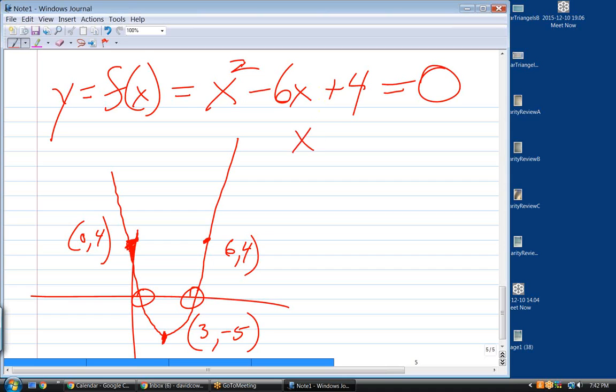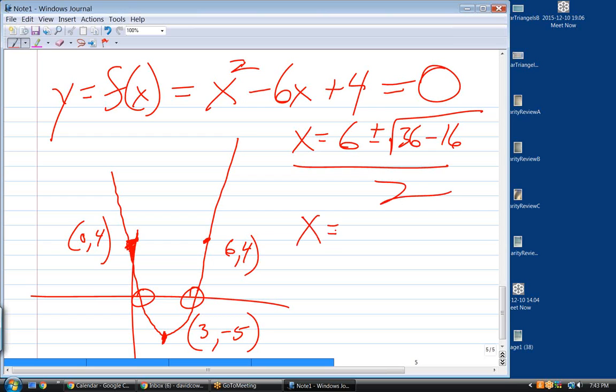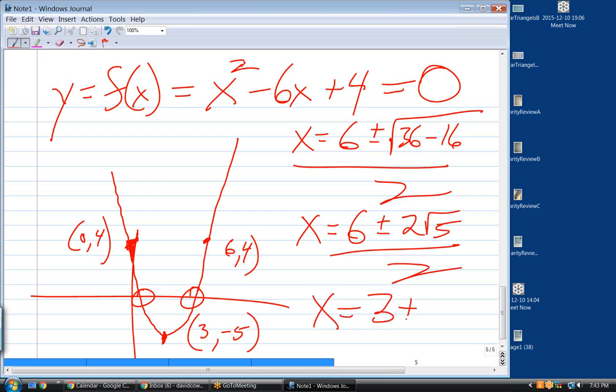So the quadratic says it's equal to 6 plus or minus the square root of 36 minus 4ac, which is 16, all over 2. So my 2 x-intercepts are, let's see, square root of 20 is 2 root 5. So my x-intercepts are 3 plus or minus root 5. This one is 3 plus root 5. This one is 3 minus root 5.